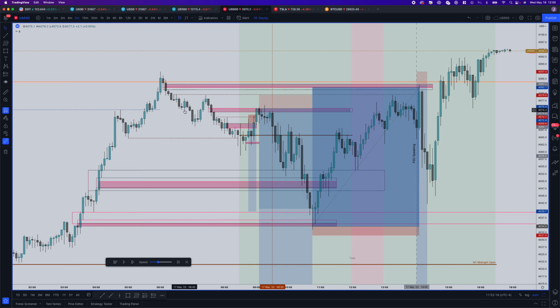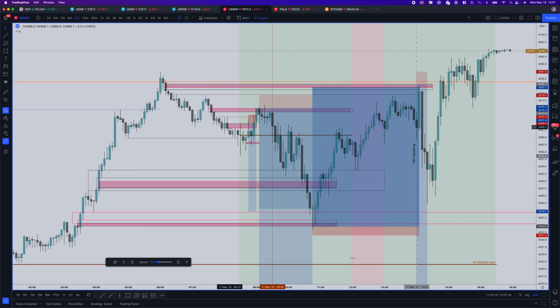Price started to sell off, left behind some fair value gaps, did another one here, and left behind another fair value gap.